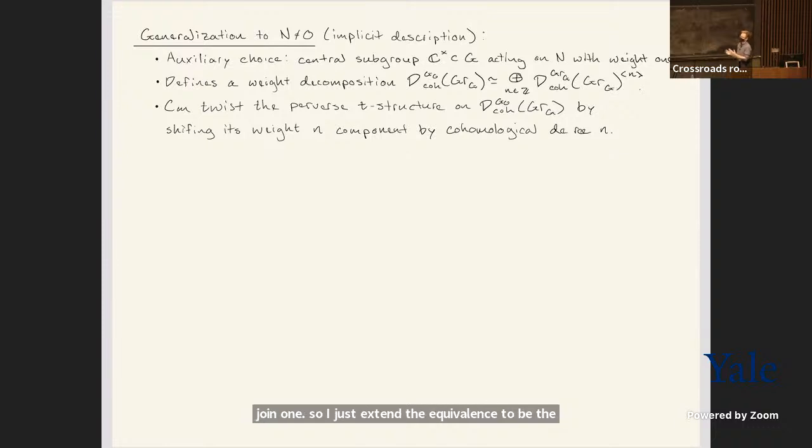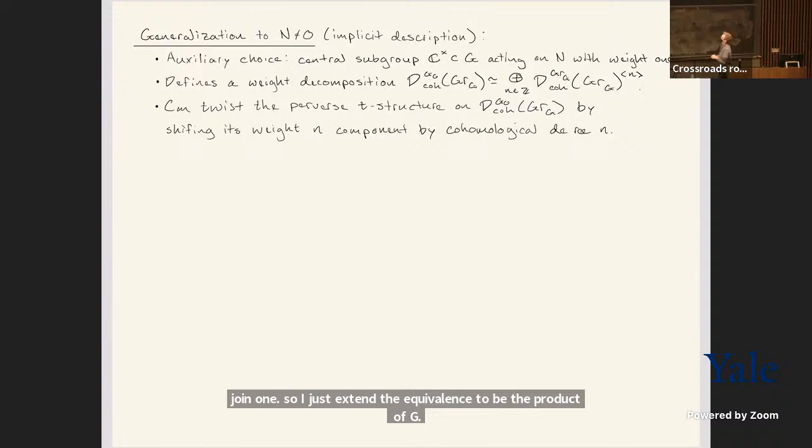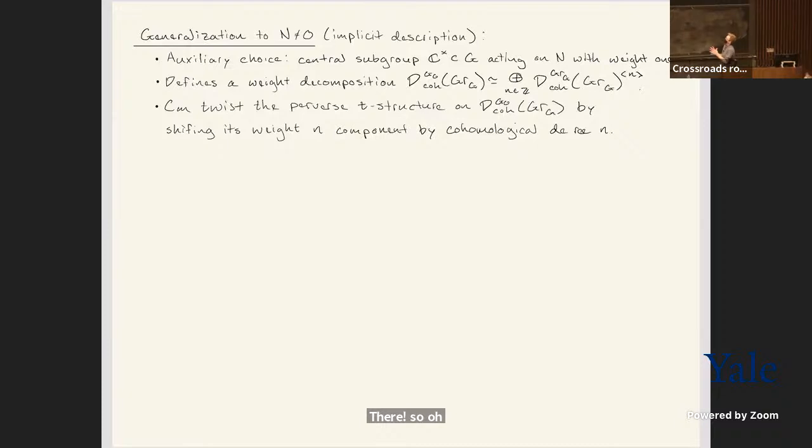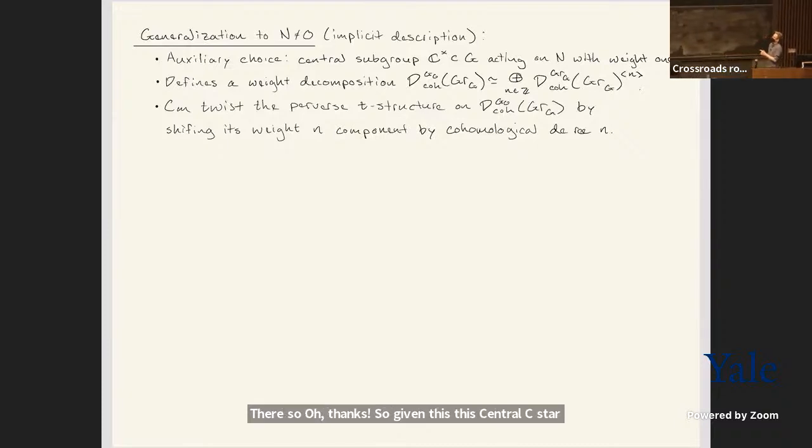That will be a sufficiently mild change that one is happy to work with it. Given this central C^*, one thing that we get out of this is a weight decomposition of the derived category of coherent sheaves. Given a coherent sheaf, I can look at the action and equivariance.